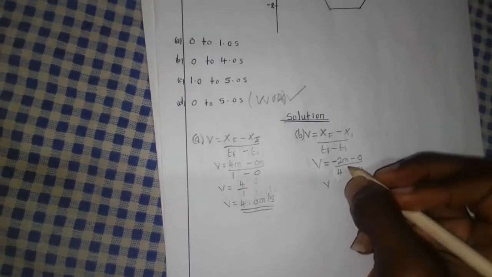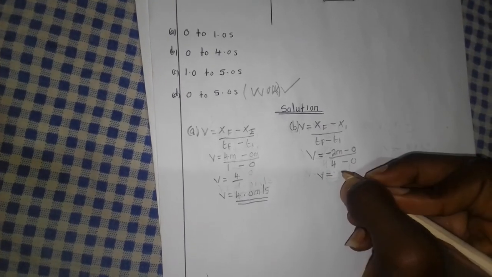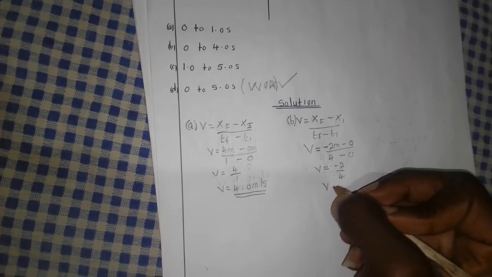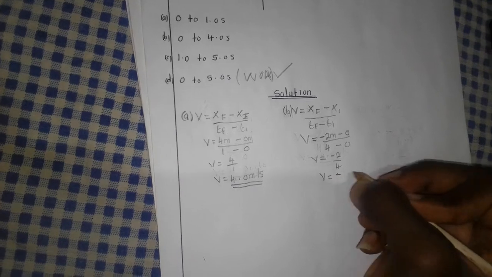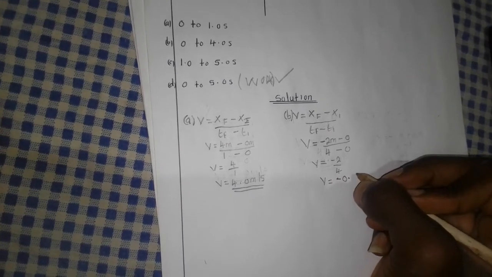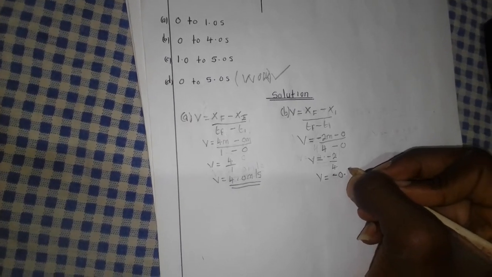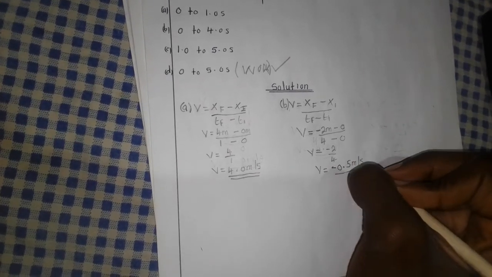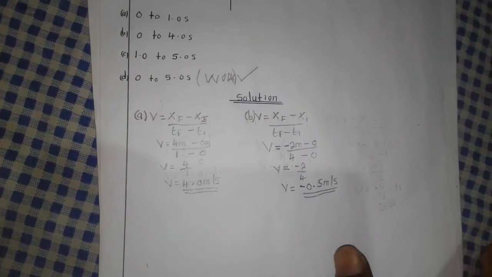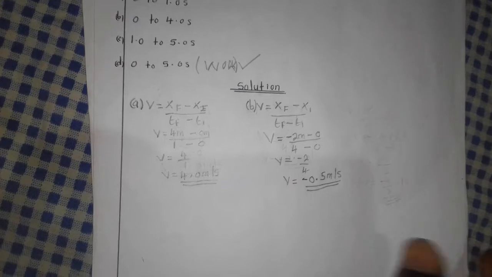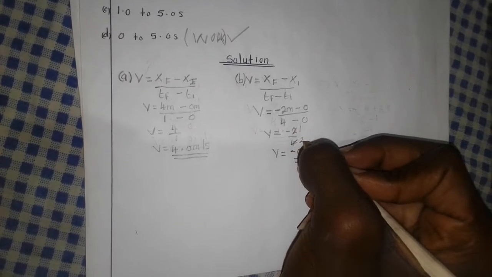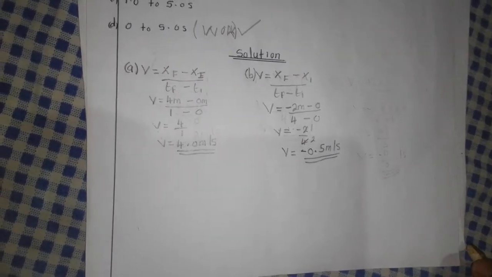Therefore, our speed is going to be -2 over 4. So our average speed will be negative 0.5 meters per second. Okay, it's quite simple, because we know that this is 1, this is 2, so this is just half. We go to C.